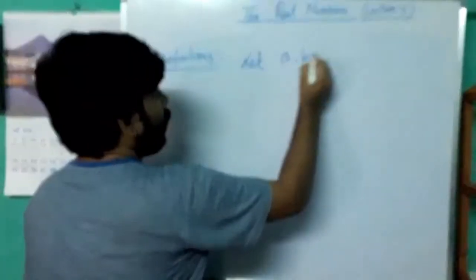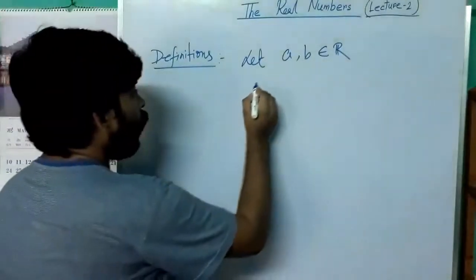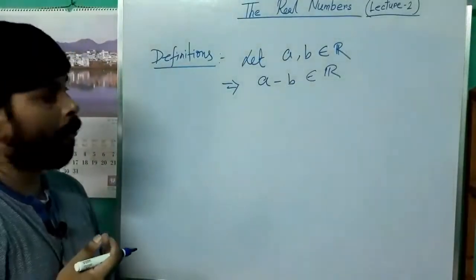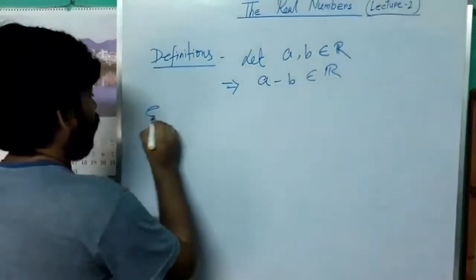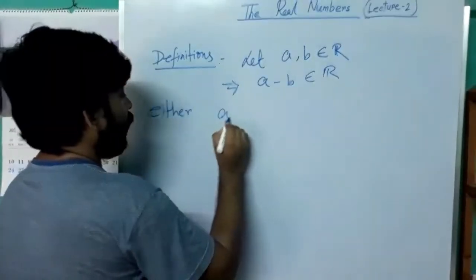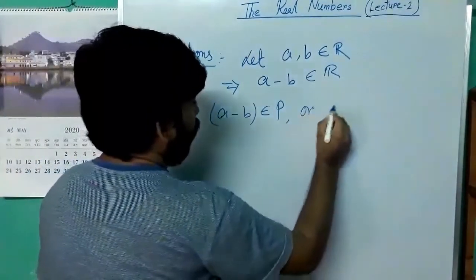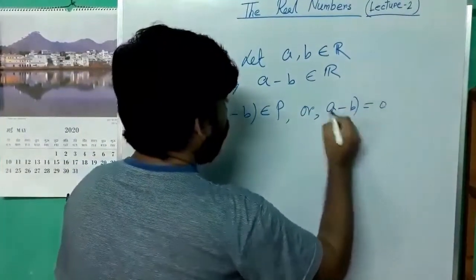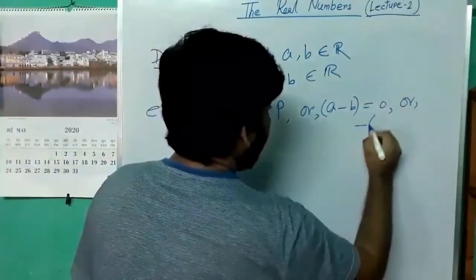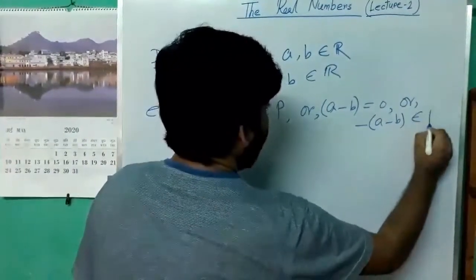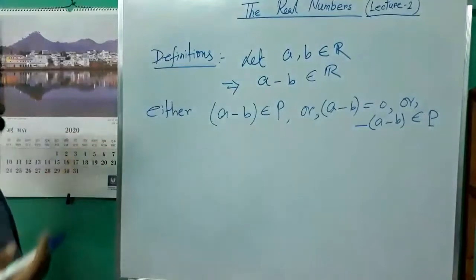Let us take two real numbers A and B from R. Then easily we can define A minus B, which is again a real number. By the trichotomy law, either A minus B belongs to P, or A minus B equals 0, or minus of (A minus B) belongs to P. So this is the law of trichotomy.